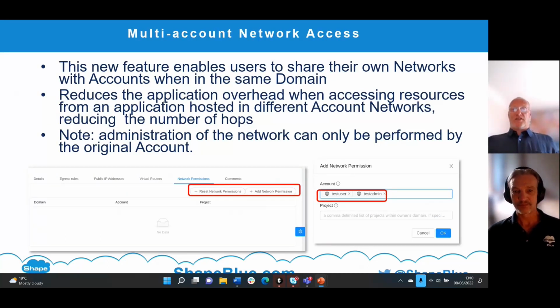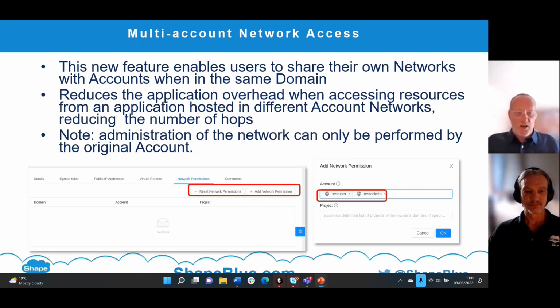Multi-account network access. Really, really nice feature. So what I can now do, if I'm a user, an account, I can now share a network with another account as long as they're in the same domain. So the use case here is around, if you've got two different accounts, the extreme example is two bits of an application running in two different accounts.